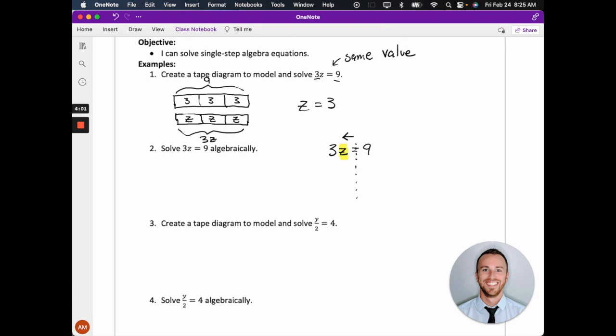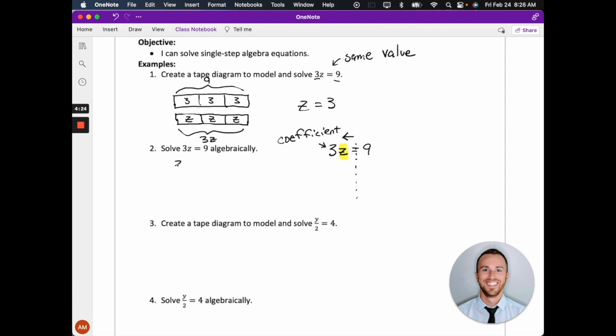The question is, what operation falls between the 3 and the z? Remember, the 3 is what we call a coefficient, and it is being multiplied by the variable.